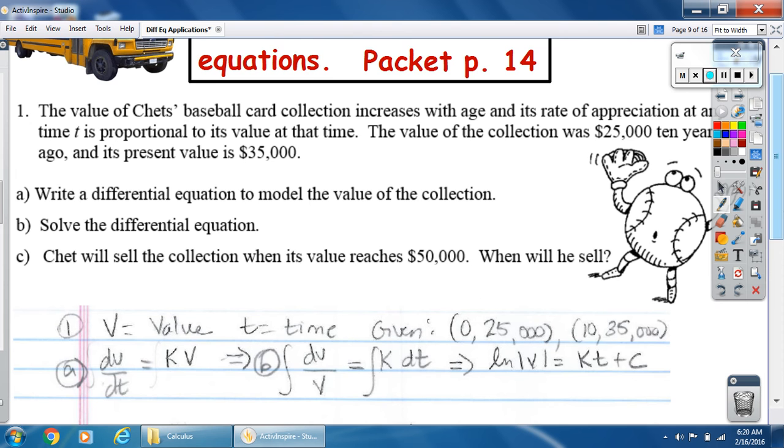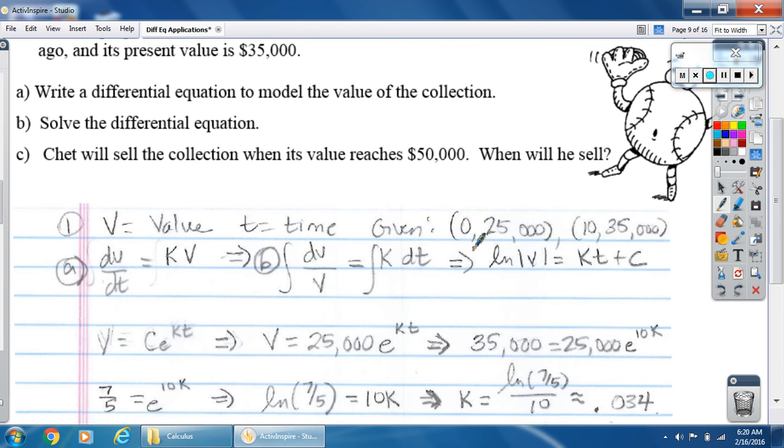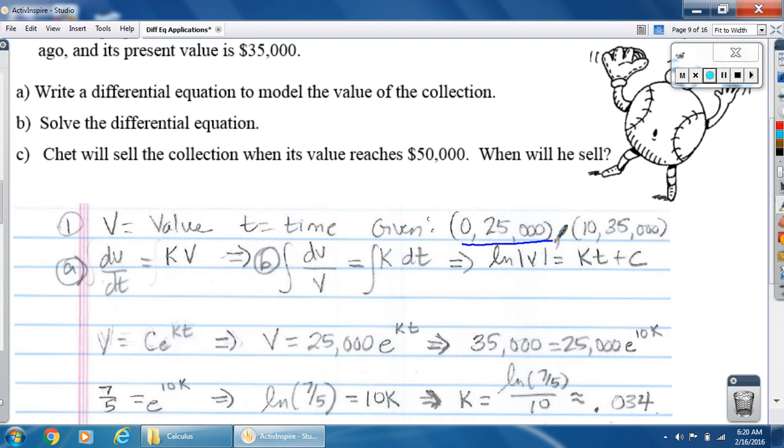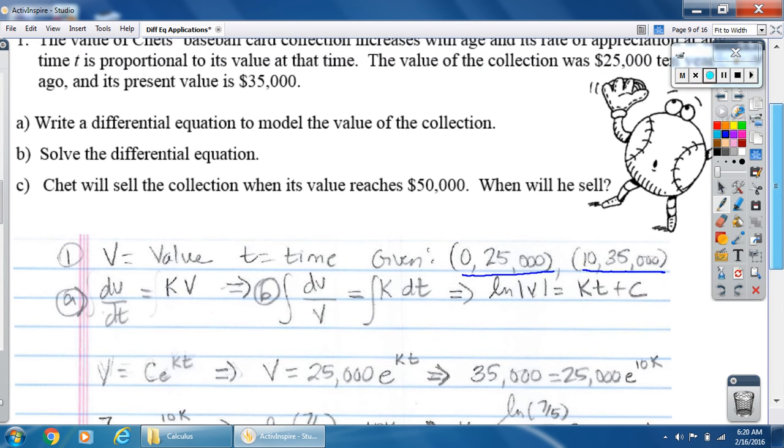So if you come down here and look at my work, notice that I recorded that the initial condition at time 0, the baseball card collection was worth $25,000, and 10 years later, the baseball card collection was worth $35,000. Let's go back up to the problem.